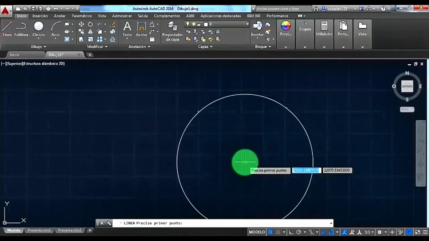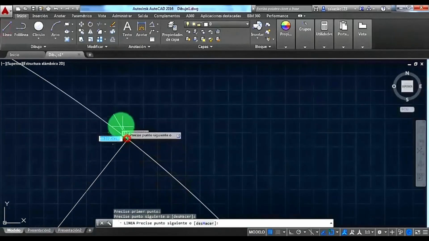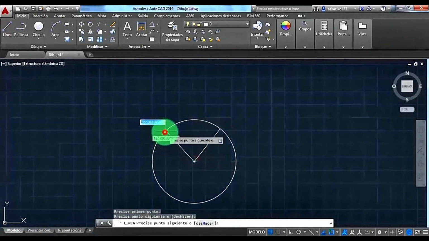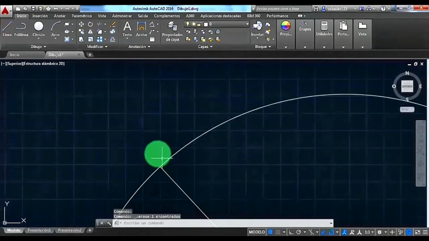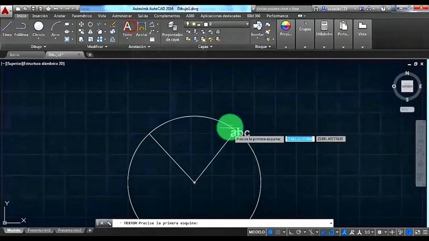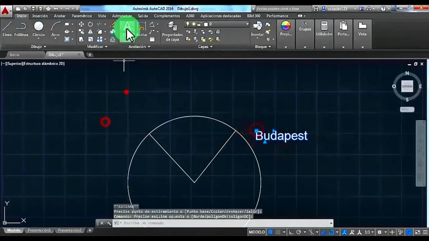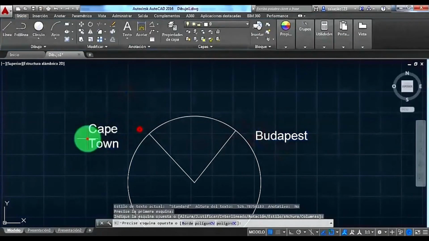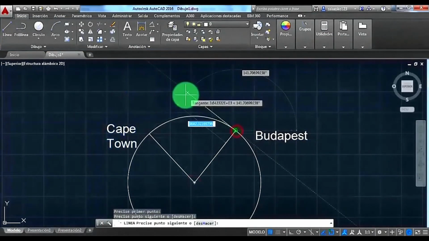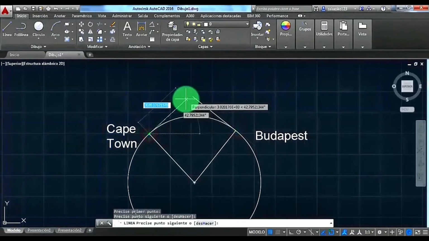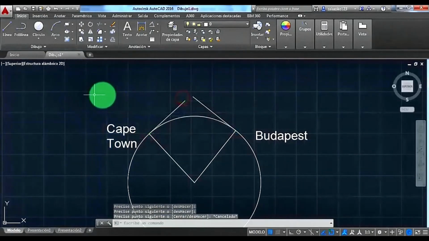I'm going to draw 2 lines to get tangent lines at 90 degrees. Now I'm going to write the names of the cities so you can understand what I'm doing. Now I'm going to draw the tangent lines. Okay, there you go.